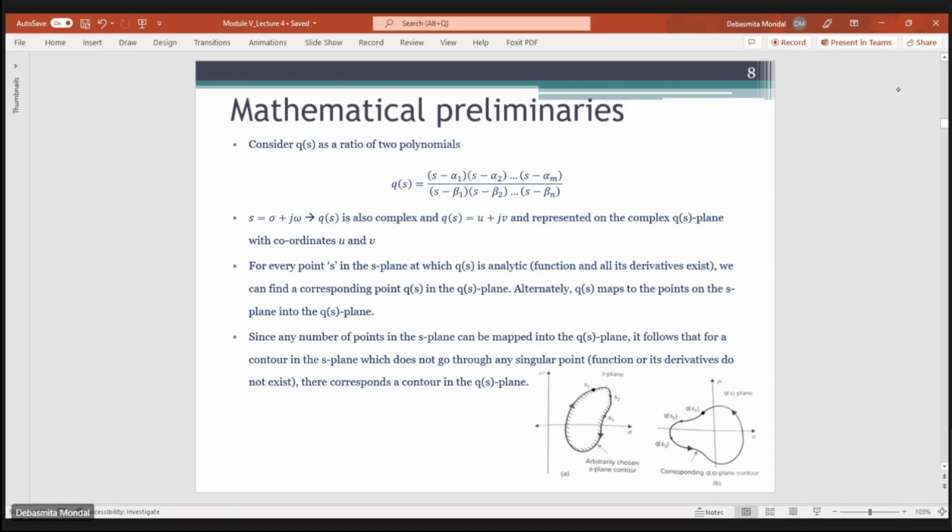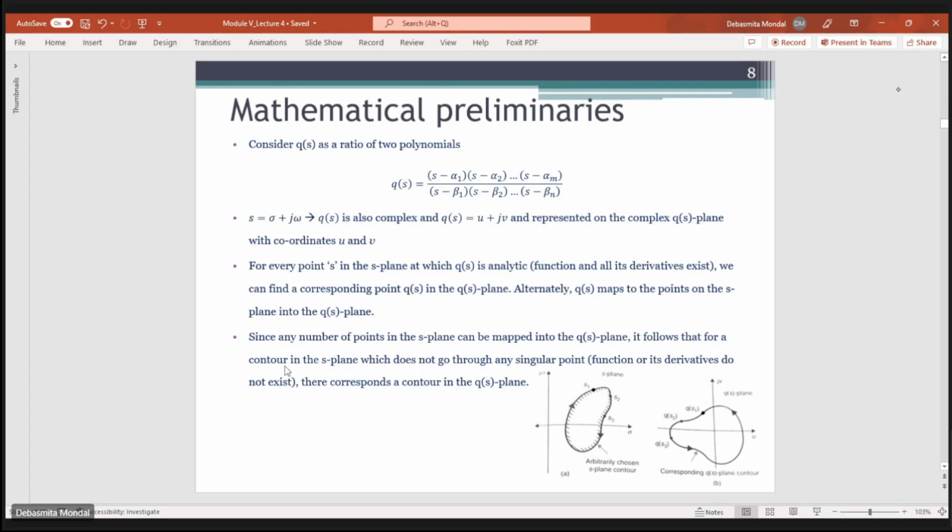If QS is an analytic function, then for each value of S1 in the S plane, we will have a corresponding point in the QS plane. So QS basically maps points on the S plane into the QS plane, a sort of one-to-one mapping.